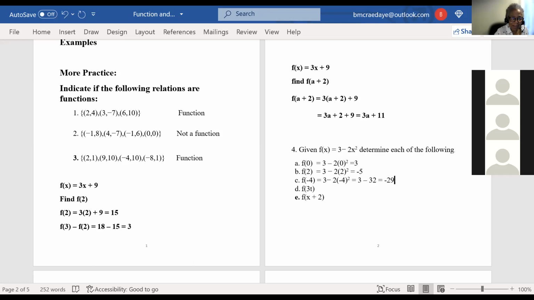Because even numbers give you positive, odd numbers give you negative. That's right, that's how I remember. If you had the third power, you'd have a plus and then times a minus, so you'd get a minus.